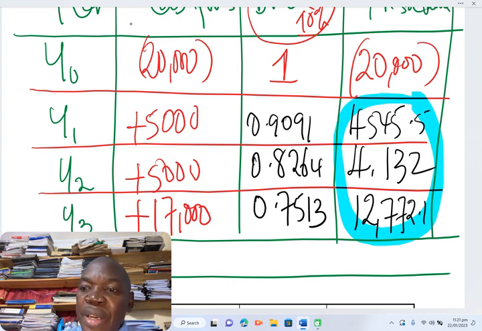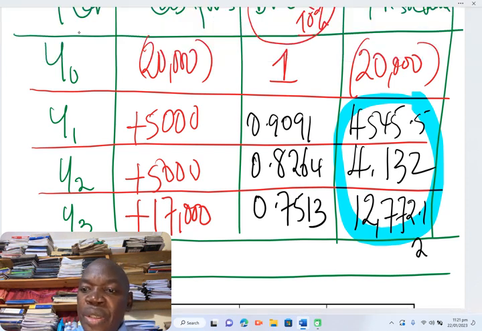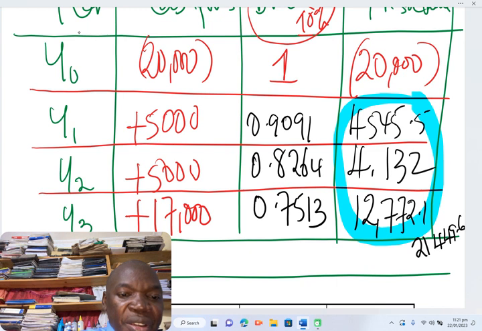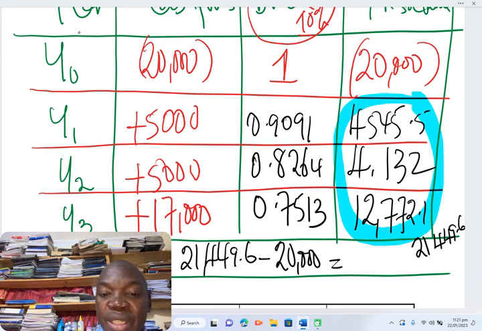This total here turns out to be 21,449.6. Now NPV is the discounted cash inflow, which is 21,449.6, minus 20,000. So this is 1,449.6 positive.